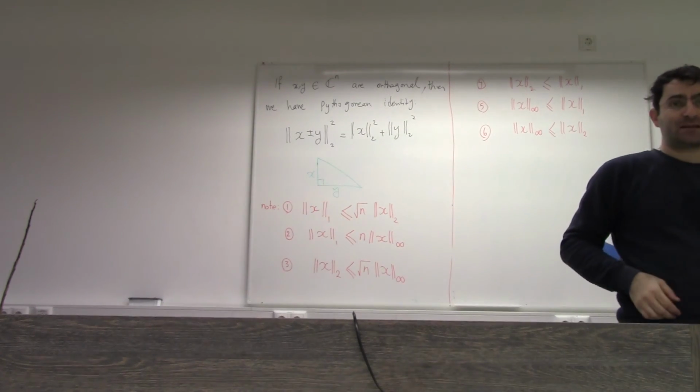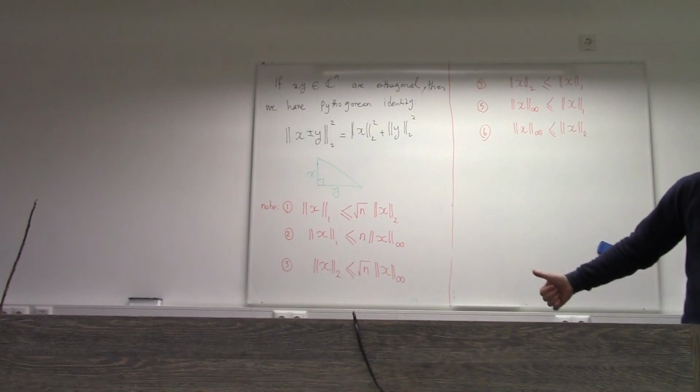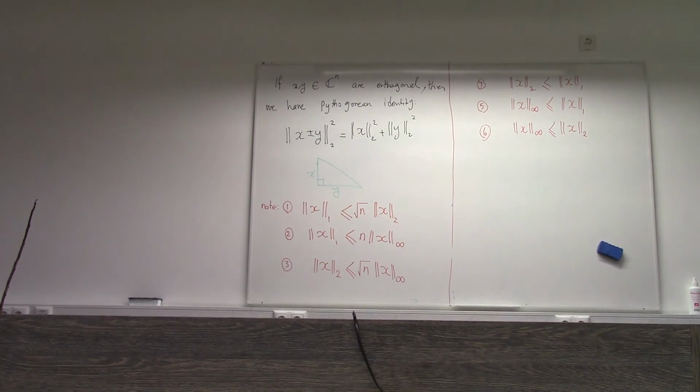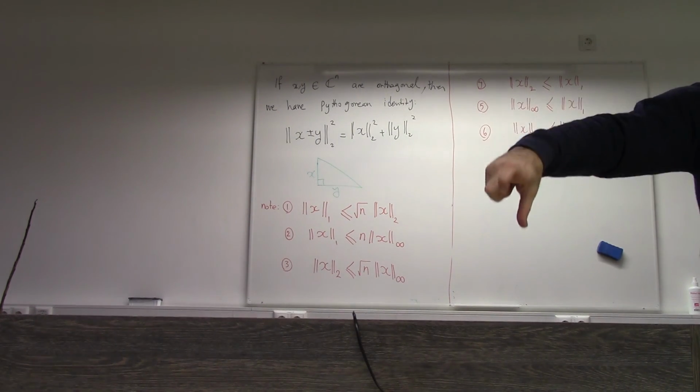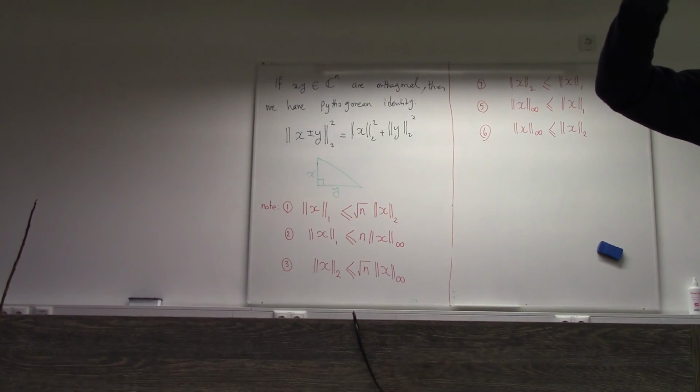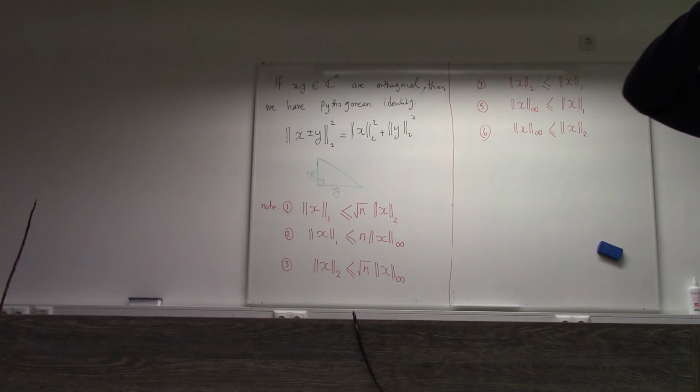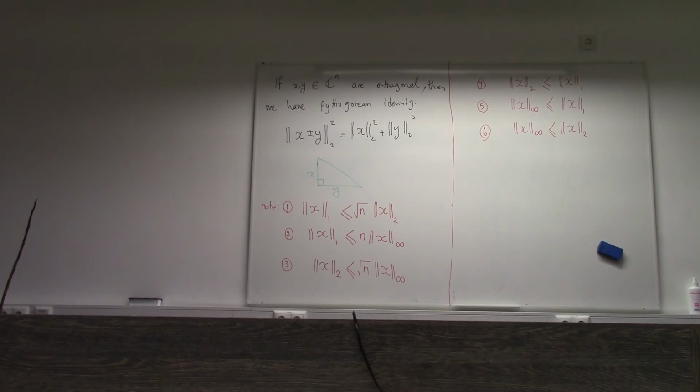Norm infinity will tell you that, okay, I'm looking at all your elements and only pick up one. Whereas the other one says that I'm adding all the elements. So it's obvious that you are adding something to your biggest value, so it increases. And this holds true for all? Yeah, always.